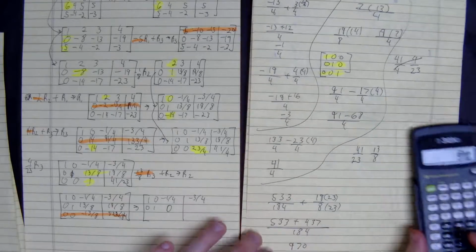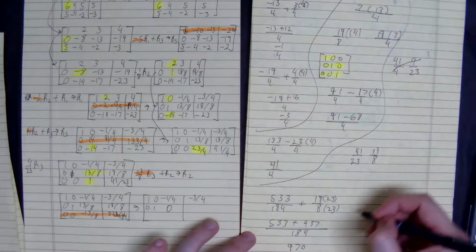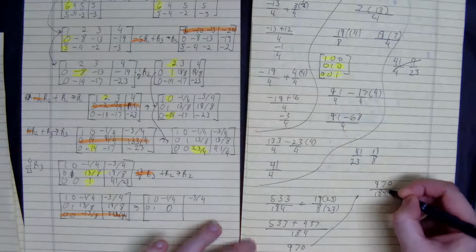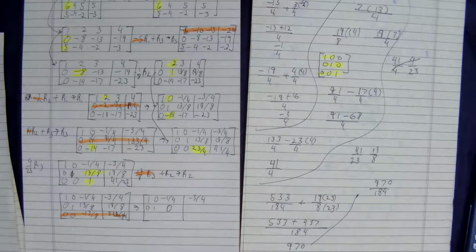Can you even see that? Yeah, let's just write it up here then. 970 over 184. We can simplify that. And what did I do wrong there? I know I did something wrong there.